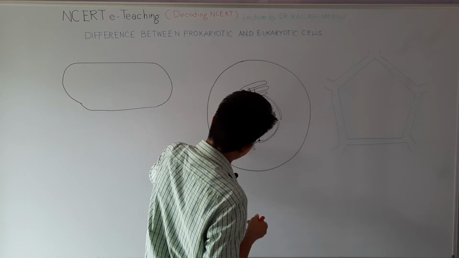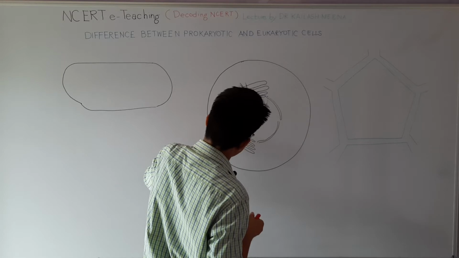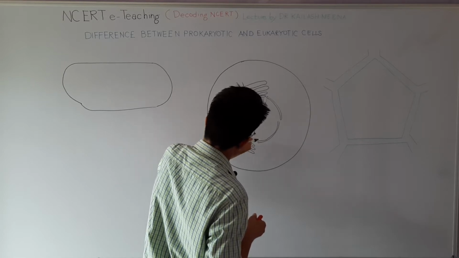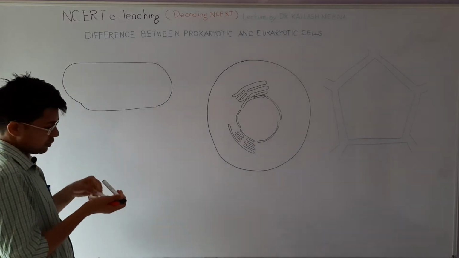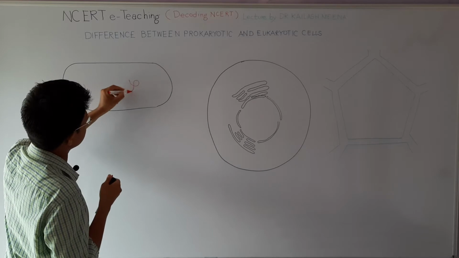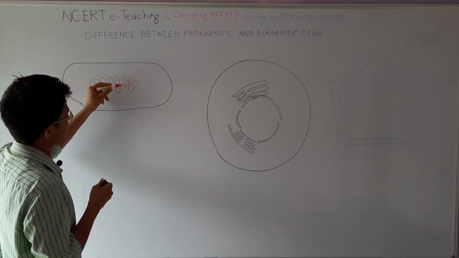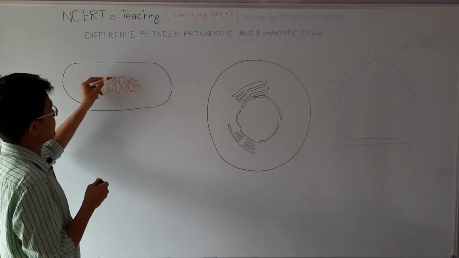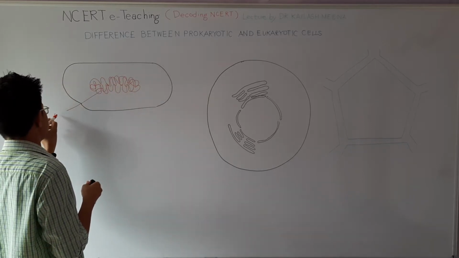Actually it is double membrane bound, that is why I am making these double membranes, and it has a few extensions also. But in a prokaryotic cell there is no nucleus, so it only has a thread-like structure intertwined with some structural proteins that we have discussed in our previous class. This thread is called DNA.